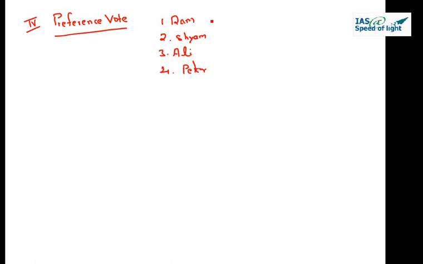Suppose 2000 people gave first preference to Ram, 1500 people gave first preference to Shyam, 500 people gave first preference to Ali, and 400 people gave it to Peter. Similarly, they give second preference, third preference, and fourth preference also. So this is the preference vote. They give preference to each person.